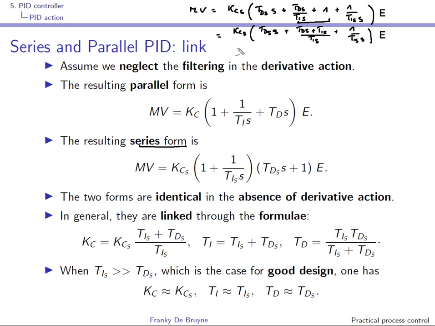So this one we can take out, and we'll have KCS times (TDS plus TIS) over TIS. So we'll have a 1 over here coming from this one, and then since we have taken this one out, we must multiply by the inverse of it, and we'll have 1 over (TDS plus TIS).